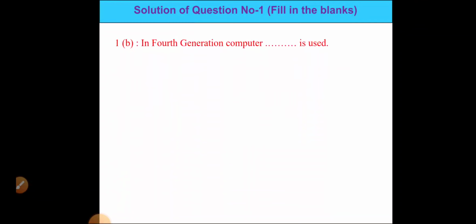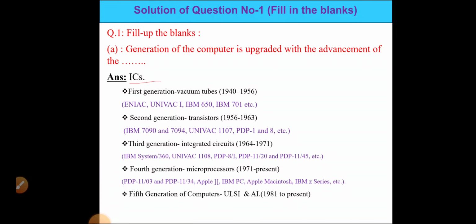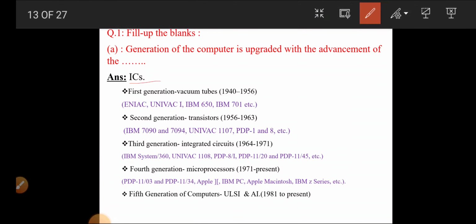Okay, next question: in fourth generation computer dash. We have seen this in our previous history of computer generations. If you remember, in the fourth generation of the computer we used one microprocessor.